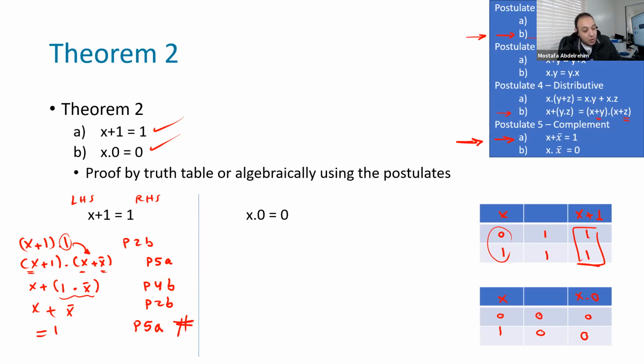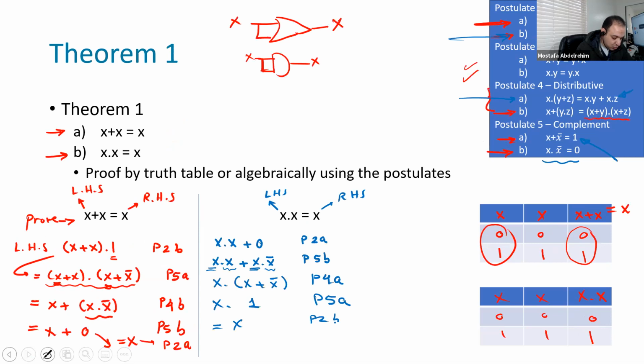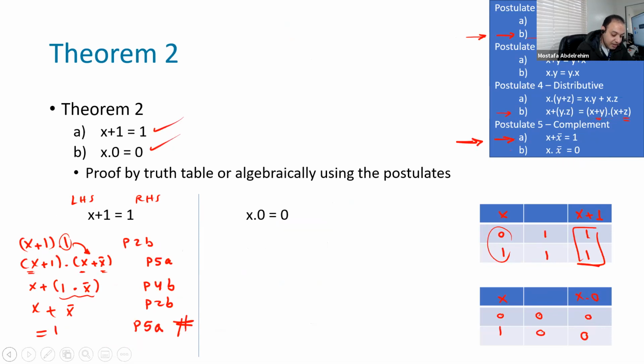Okay, let's now prove the second one. x dot 0 equal to 0, x and 0 equal to 0, whatever the value of x. Let's do it. It will be again similar to what we have seen for that proof here. We will OR with 0 this time.